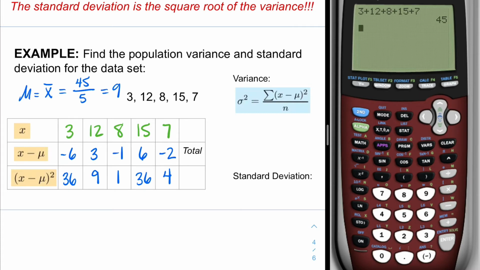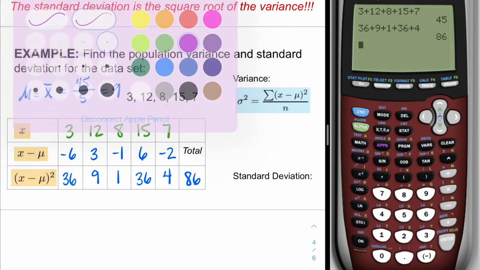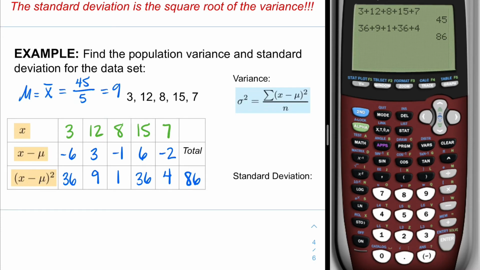And if I add up all of these numbers, because of course I need to have the sum, remember that summation, that sigma symbol, my sum is 86. So now I can plug in what I have. My variance is equal to the sum of the squares of the differences.